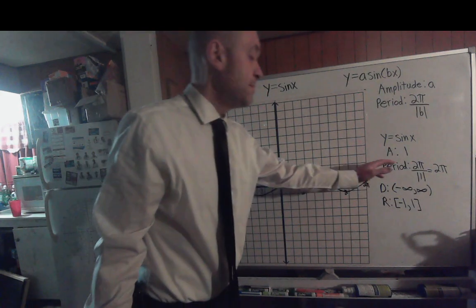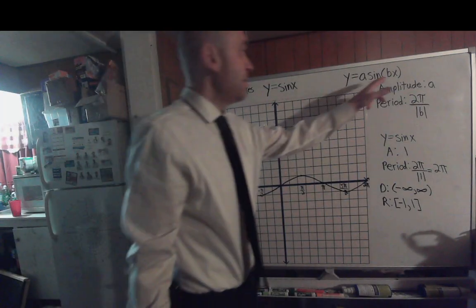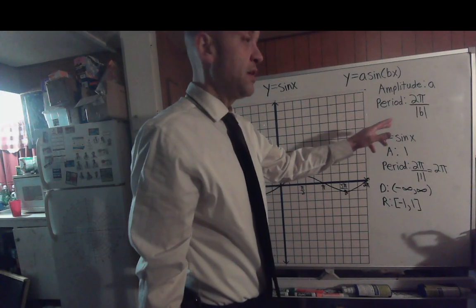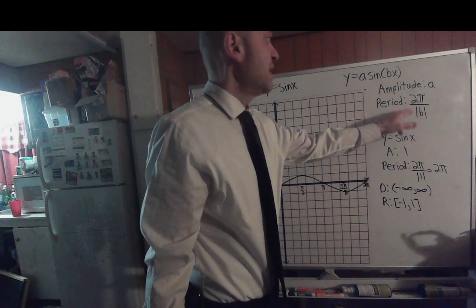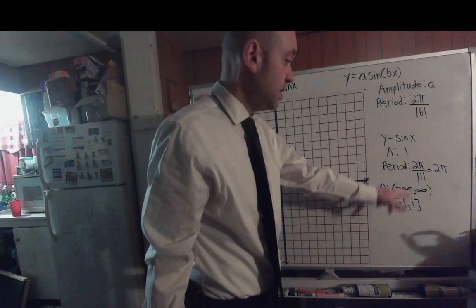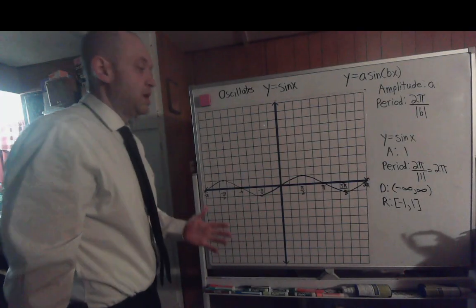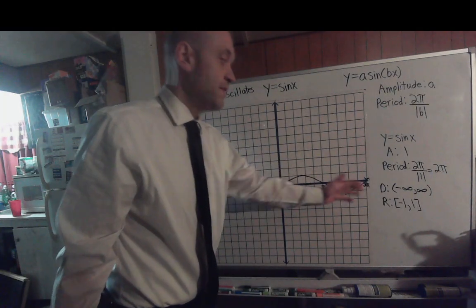That's what's called a period. So in general, that bx inside the sine, to find the period, you'll take 2 pi, divide it by the absolute value of that b. Well, in this case, your b is 1, so your period is 2 pi. So it'll complete a cycle of the graph in 2 pi.